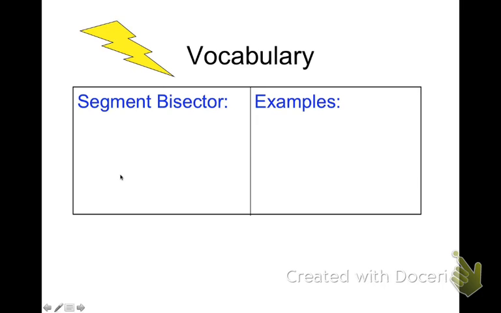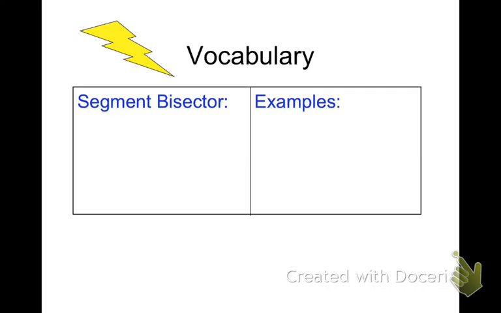Oh, we got segment bisector. Yeah, sorry, I'm ahead of myself. Whenever you hear the word bisector, what do you think? I say bisector. What are you thinking? Dawson, what do you think? Keep going. What does that mean? Hey, perfect. Okay, so I can have something being a bisector.